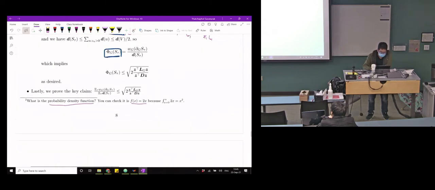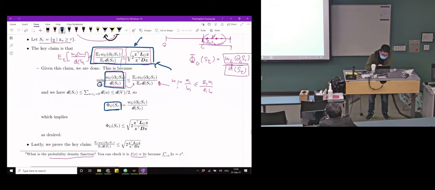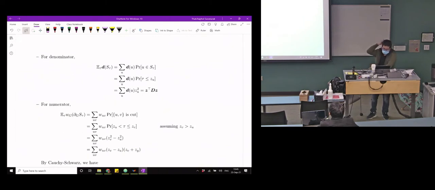Let me first look at the denominator. Both are not hard to analyze actually. Let's look at the expectation of the denominator, the expectation of the volume of the set.